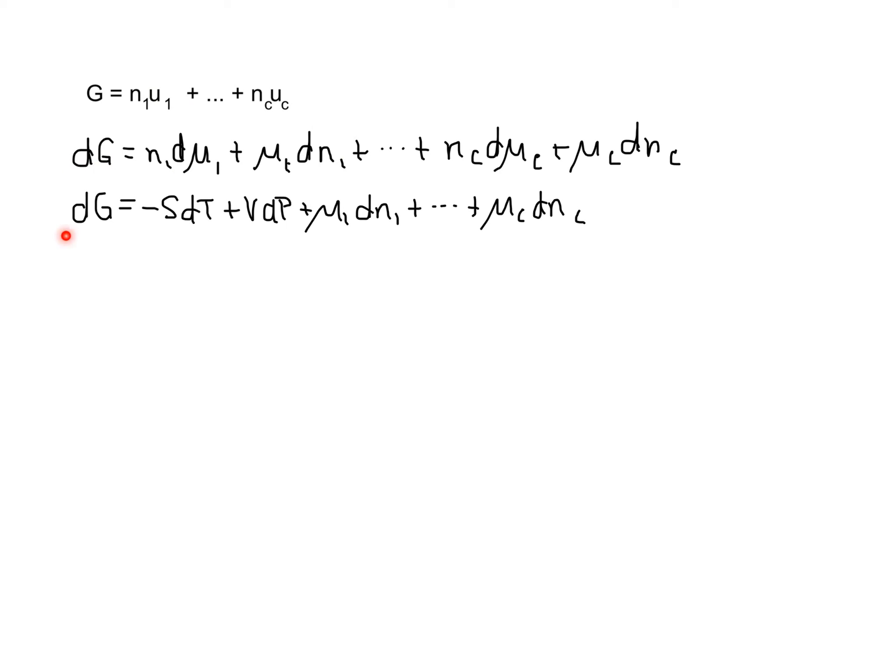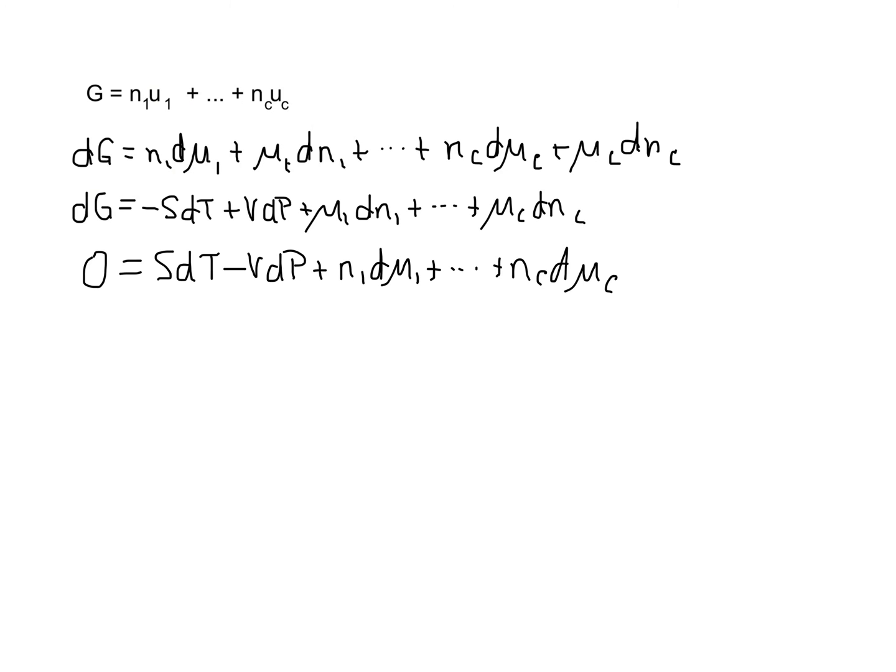Because these are both equally valid expressions for the total differential of the Gibbs free energy, we can equate the two and show that 0 is equal to S dT minus V dP plus N1 dmu1 plus, and so on, plus N_C dmu_C.